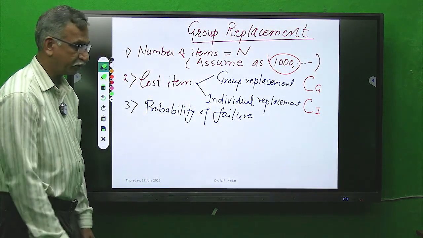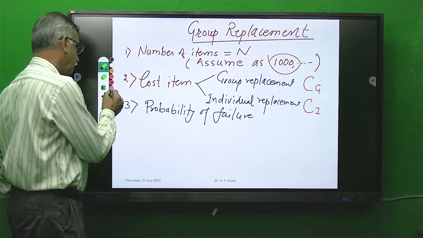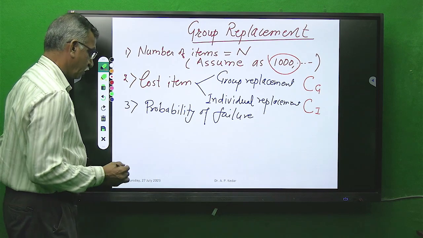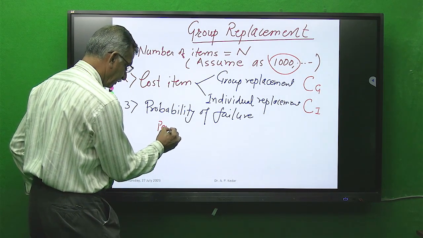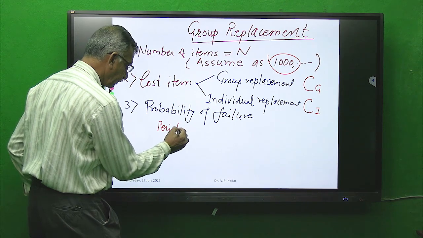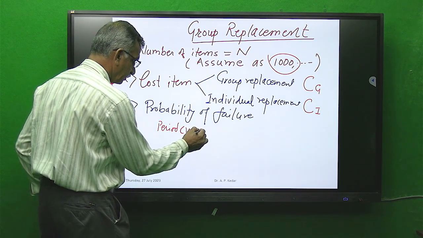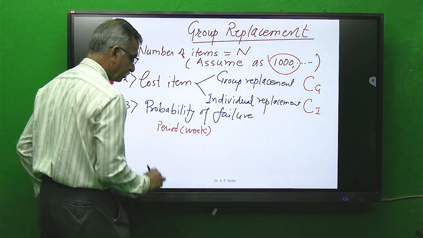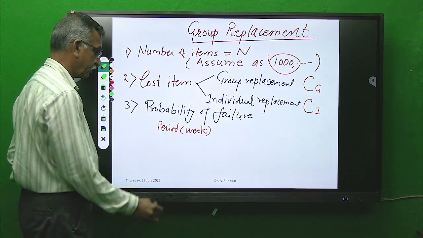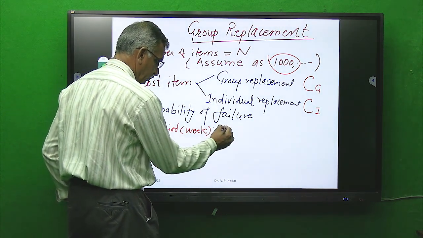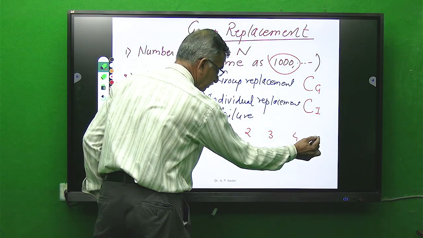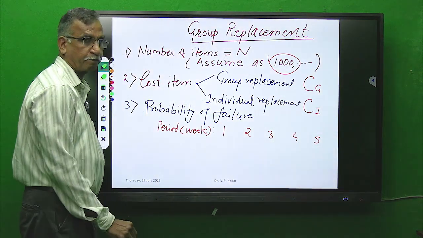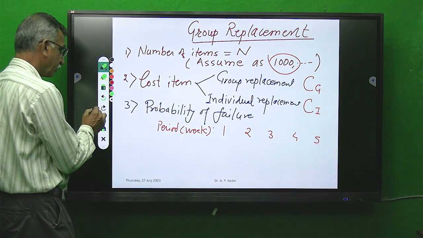So here, the period, and suppose the unit I am writing is week, suppose the data is for 5 weeks. This is very important to understand.